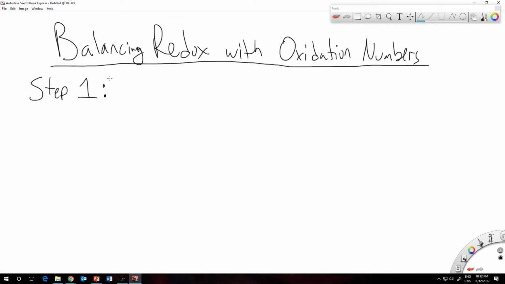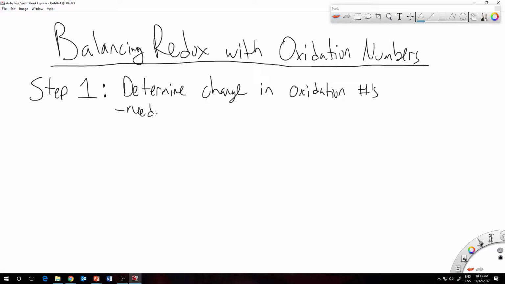Anyways, to use this method, we have to go through a few steps, much like with the half reaction method. And the steps are somewhat different, at least the first couple of steps are different. So the first step is to determine the change in oxidation numbers. Now this actually requires you to assign oxidation numbers first, so you can actually figure out what's changing.